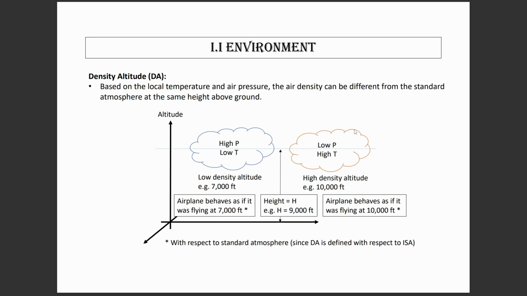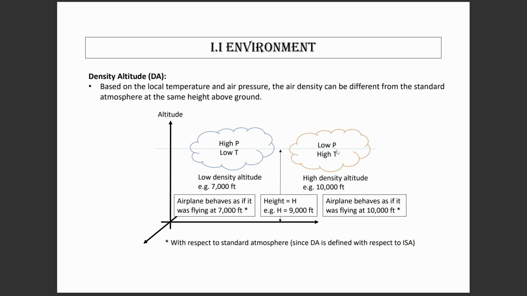Now, if we fly into this region here, where we have a high temperature and a low pressure, both resulting in the air volume stretching out a little bit, which in turn decreases the density, our plane may behave as if it flew at 10,000 feet, because the air density here more resembles the state in our standard model at 10,000 feet.